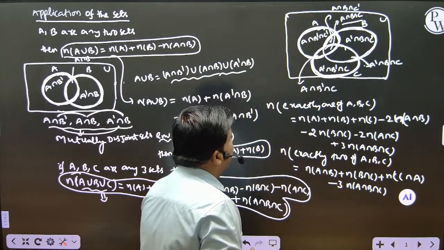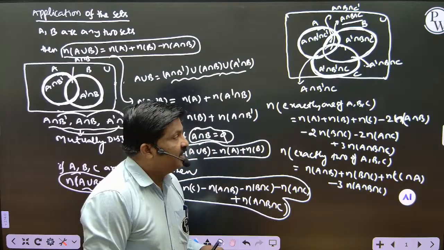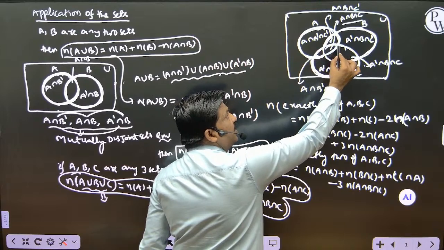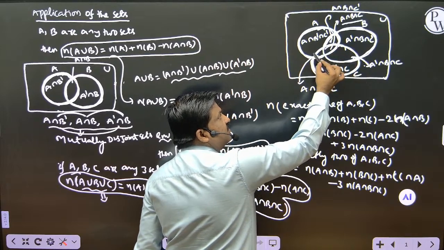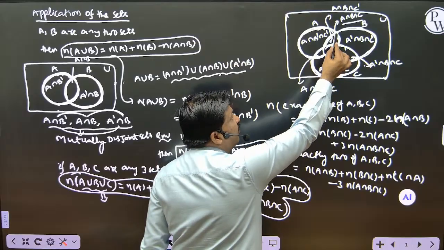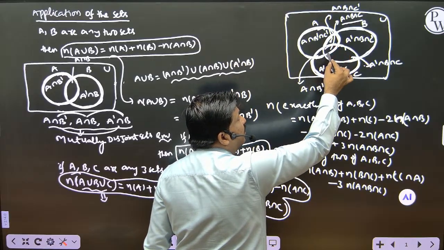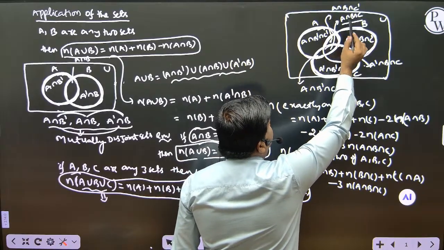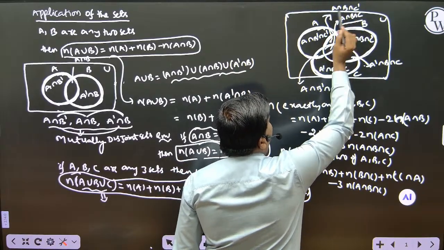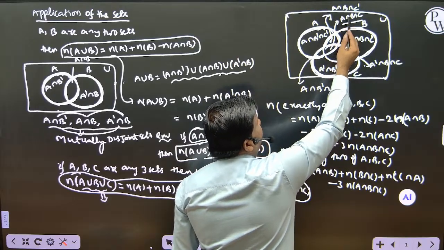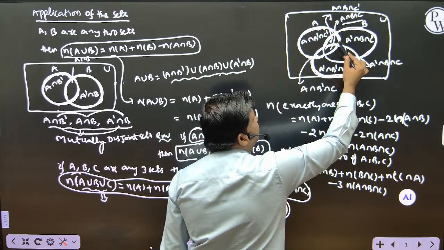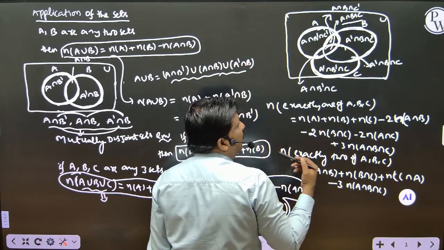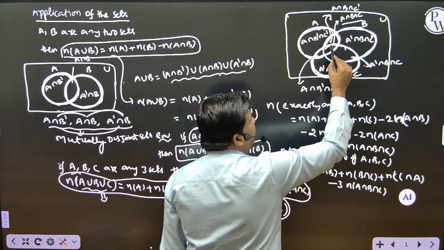Exactly 2 of a, b, c gives what? A and b, only this part; this is b and c; this is a and c. But how do you get a and b? Exactly means A and b but not c. How do you get a and b but not c? From a intersection b, you delete the common part. How do you get b and c but not a?